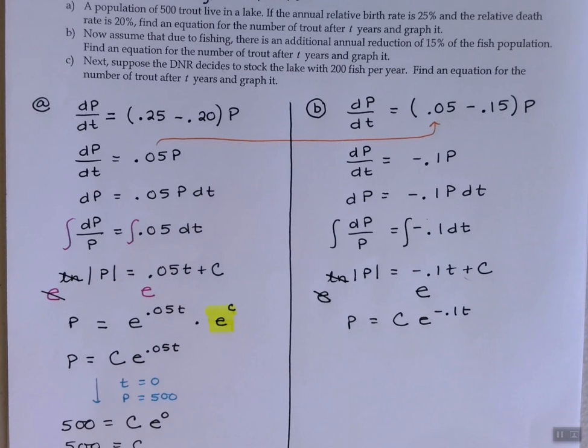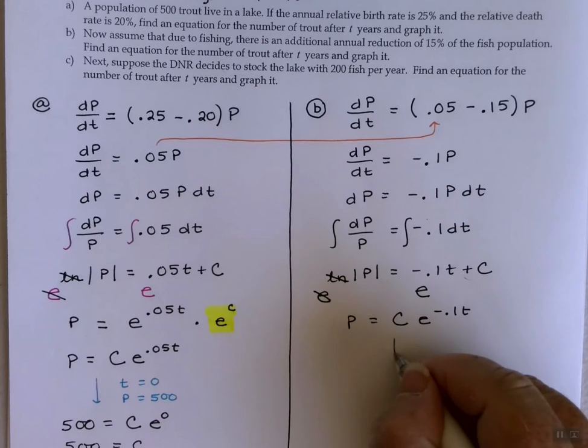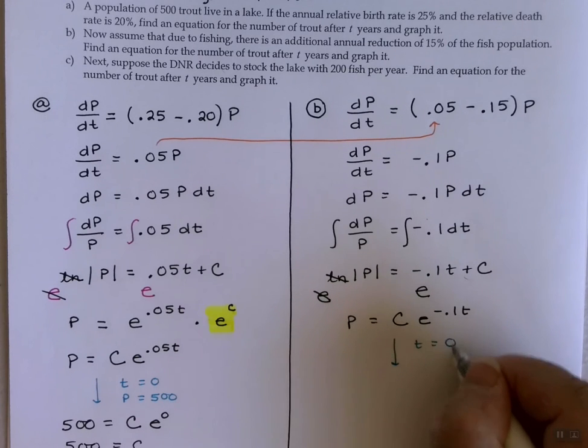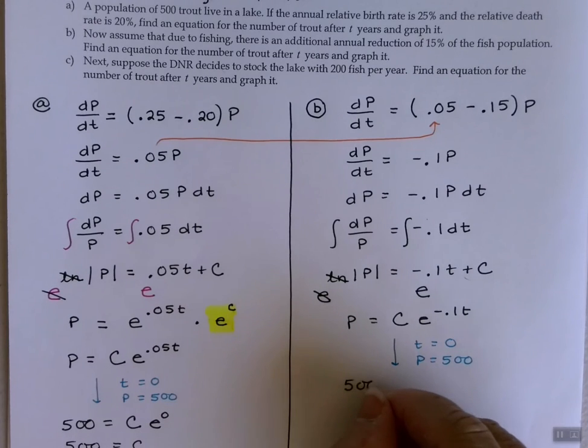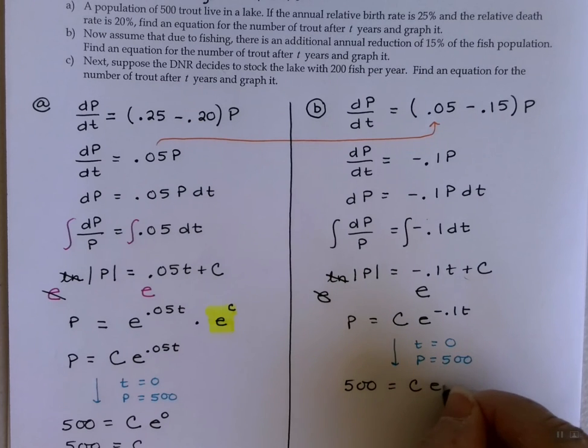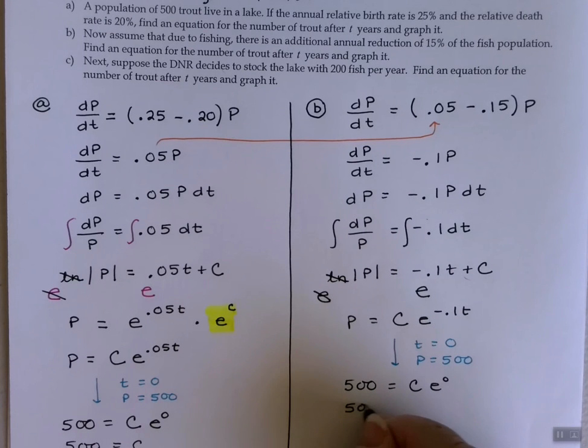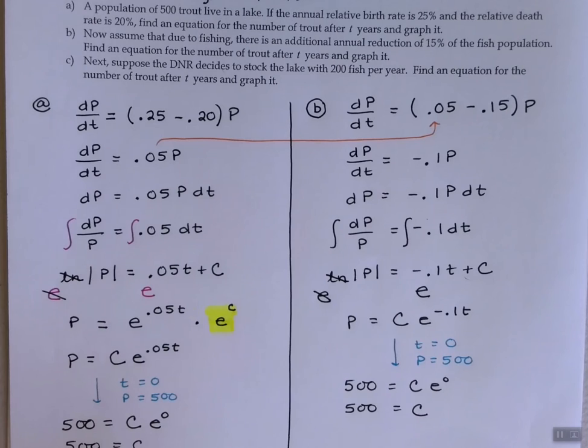All right, once again, we're going to assume that we start with the same 500 trout. So I'm going to go ahead and say that at t equals 0, p equals 500. And unsurprisingly, we again get 500 for c. So my population equation this time is 500 e to the negative 0.1t.